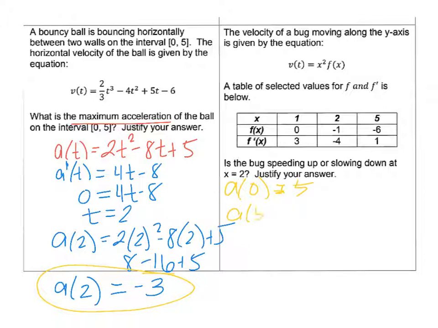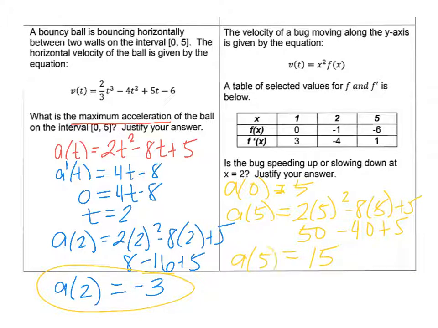And a of 5 is going to be 2 times 5 squared minus 8 times 5 plus 5, which is 25 times 2 is 50 minus 40 plus 5, which is 10 plus 5, is 15. So the maximum acceleration, I'm comparing these three, right? The maximum acceleration is 15.